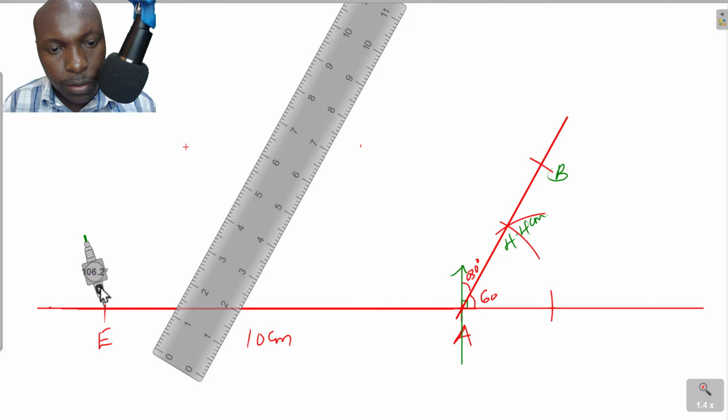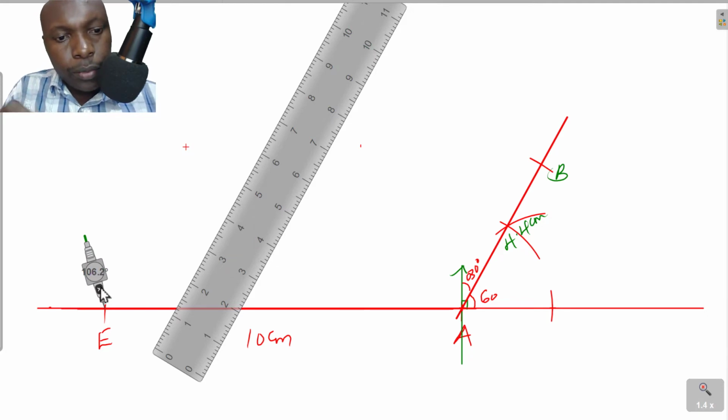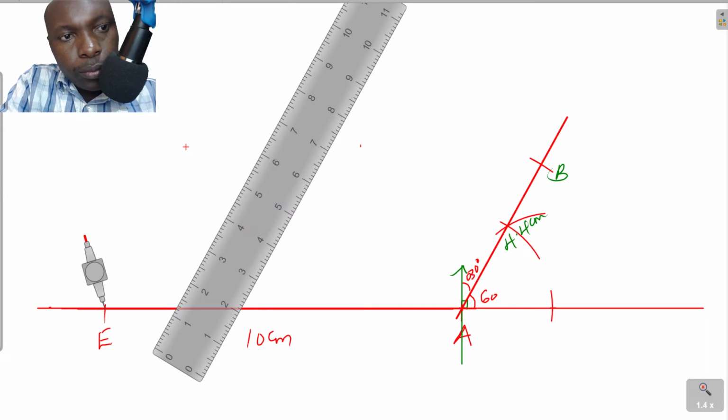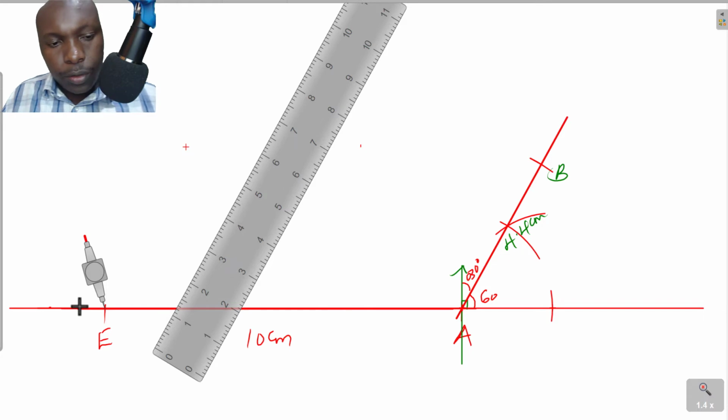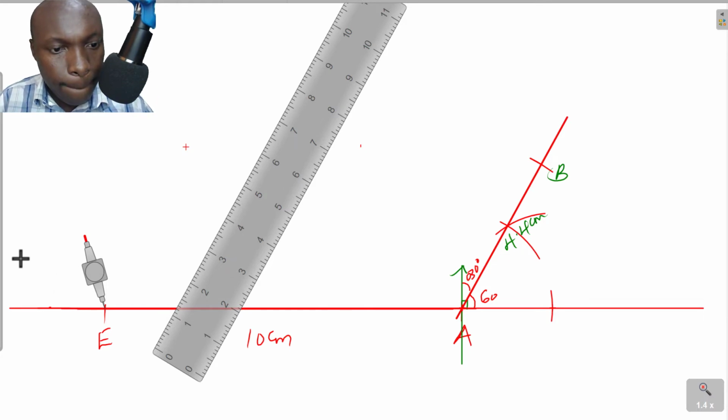Mark an arc here. I have to again extend these. So mark an arc there.